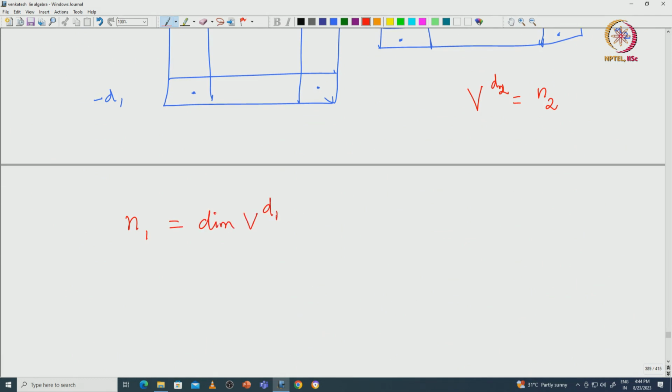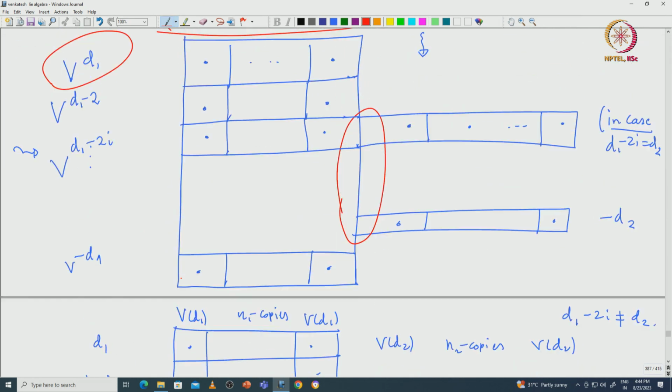Now what will be the number of copies of V_D2?